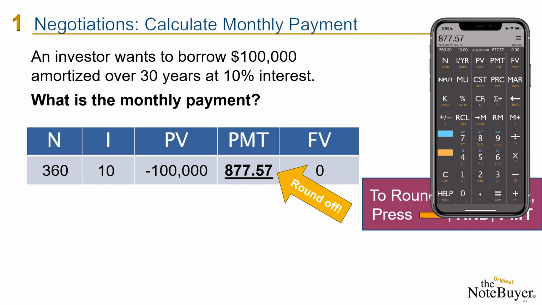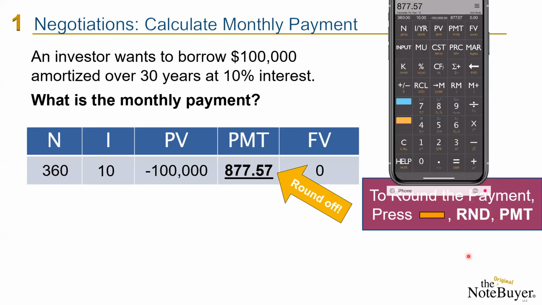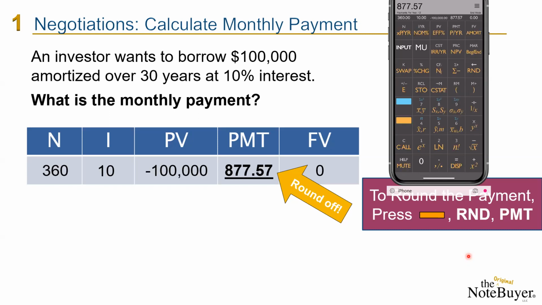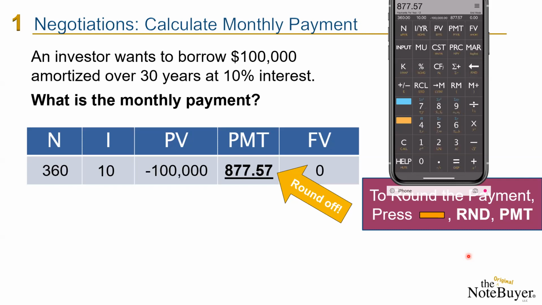And to round, you simply press Shift, which is this button here, and then round, which is right here. Now that number is rounded in the display, but we have to remember to hit the payment button to put the rounded number into the payment register.